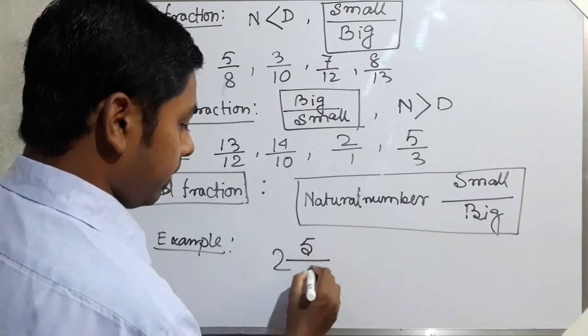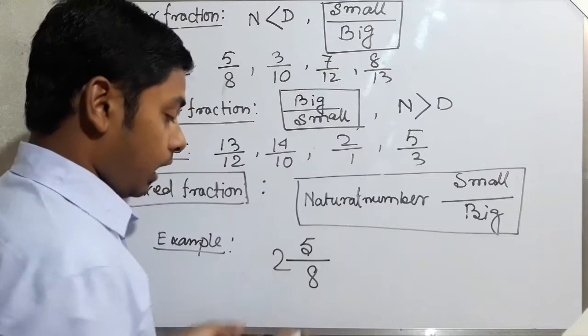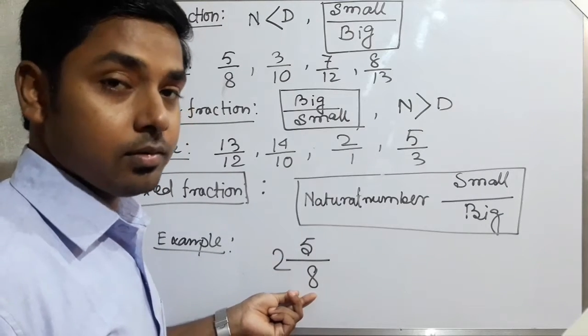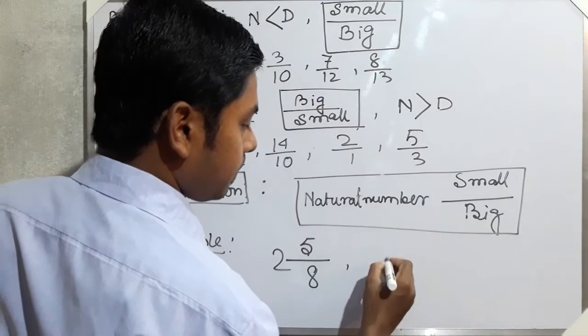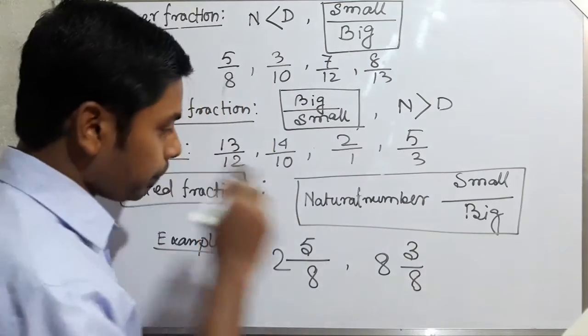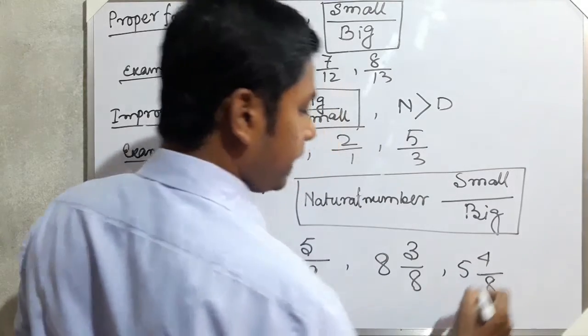Suppose 5 by 8. How to read this? 2 and 5 by 8. And like this you can have other types of examples: 8 whole, 3 by 8. 5 and 4 by 8.